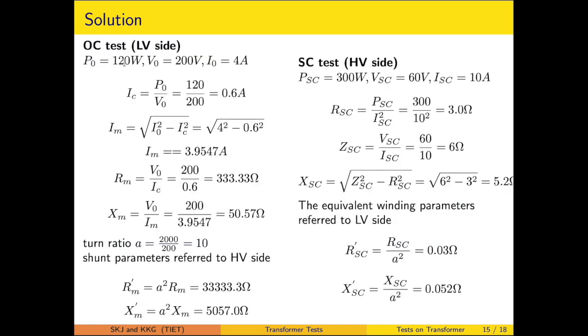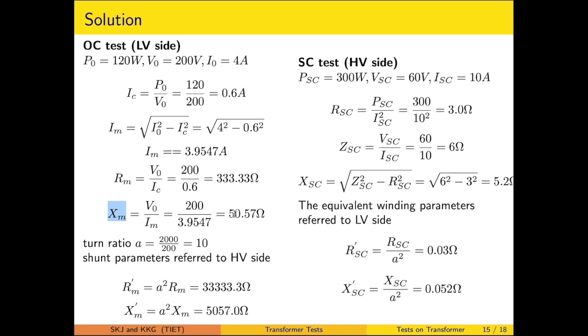With the help of the low voltage side data, we will be calculating IC, which is P0 upon V0. Once IC is known and I0 is known, you can calculate IM. Once IM is known, you can find the value of RM, which is equal to V0 upon IC, and XM, which will be equal to V0 upon IM. Here you can easily see that the XM value is coming out lower than the RM value.